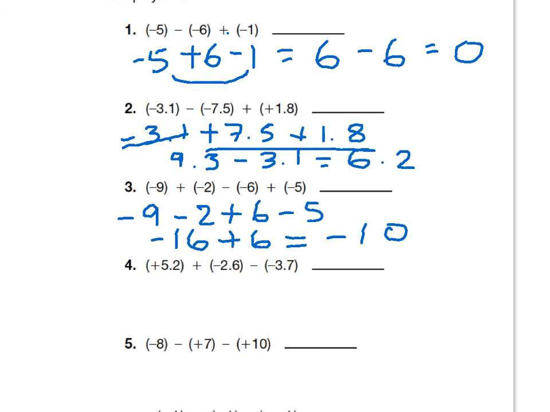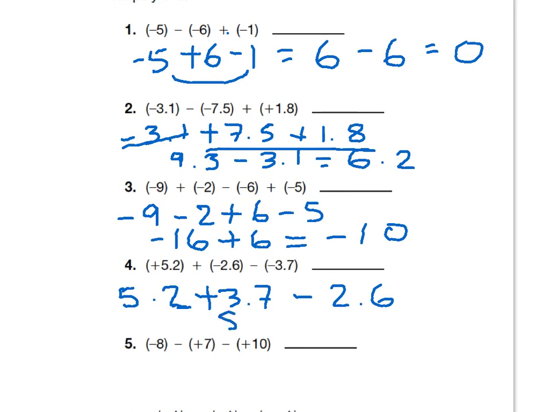So again, we have another decimal problem. I'm going to rearrange it so that I have my 5.2, and then I know that the opposite of negative 3.7 is positive 3.7. So I've cut my positives all together now, and then my negative is 2.6, and that should make my problem easier because I'm going to add my positives together first.